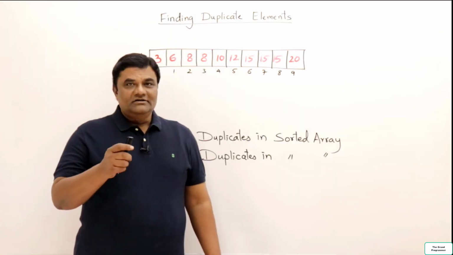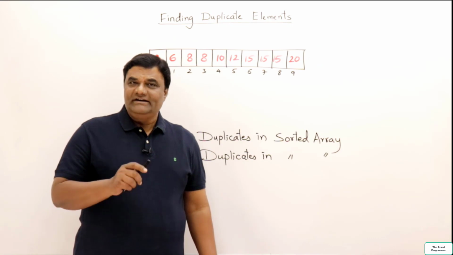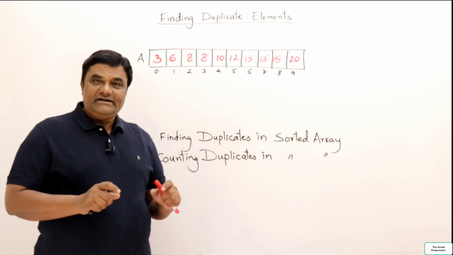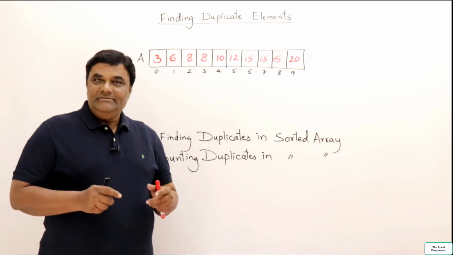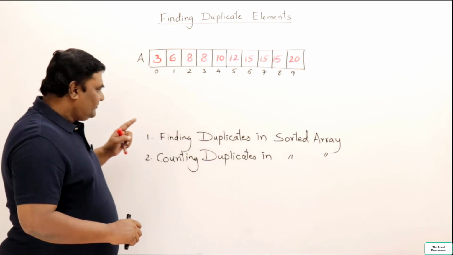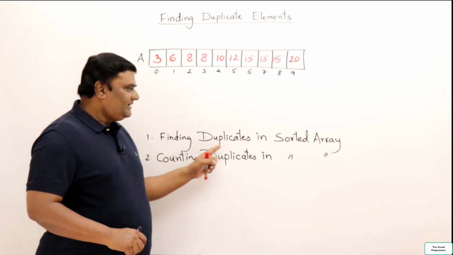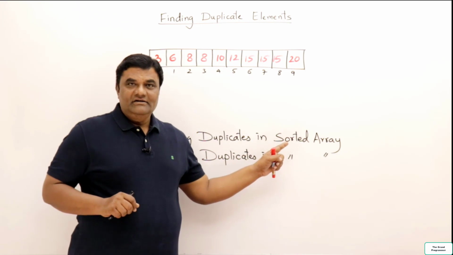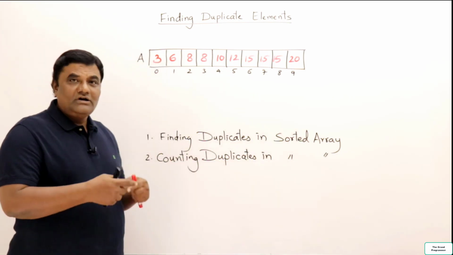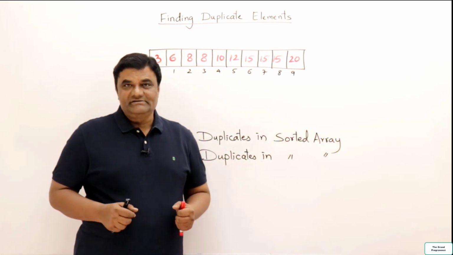That's it. Now the next challenge is finding duplicate elements in an array, that is duplicate elements in a list. In this video we'll be looking at finding duplicates in a sorted array and also how to count those duplicate elements.